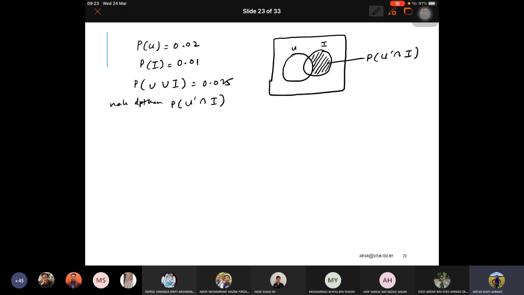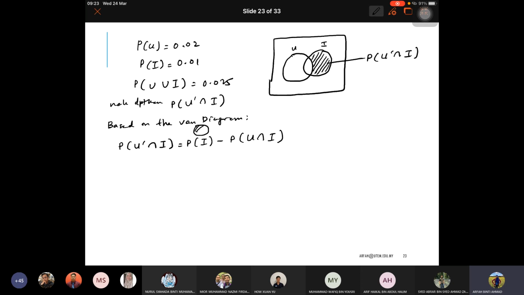Okay. So, based on the Venn diagram, in order to get probability of U prime and I, awak boleh ambil kebarangkalian semua I, okay, tolak kebarangkalian bagi U dan I. Okay.